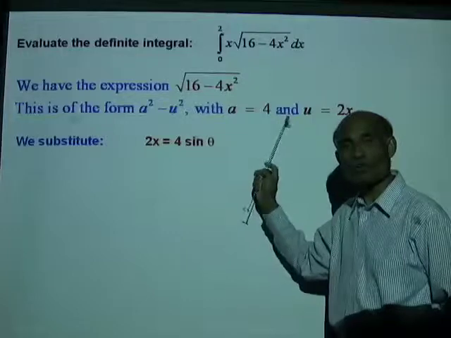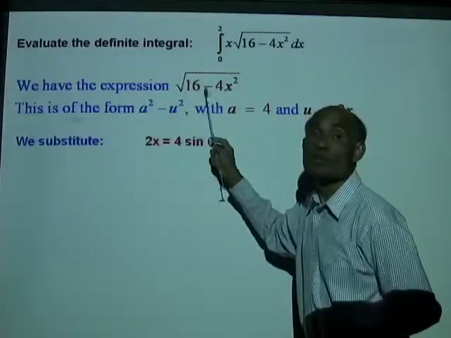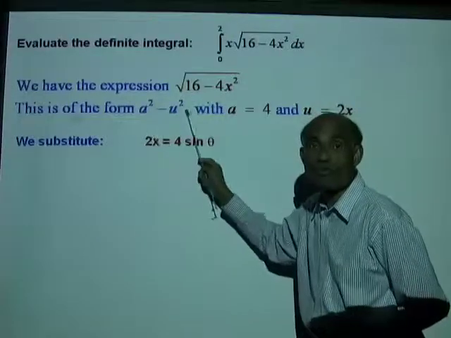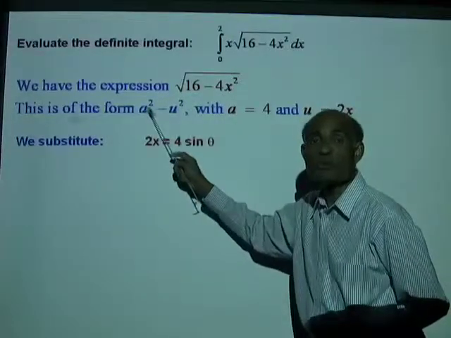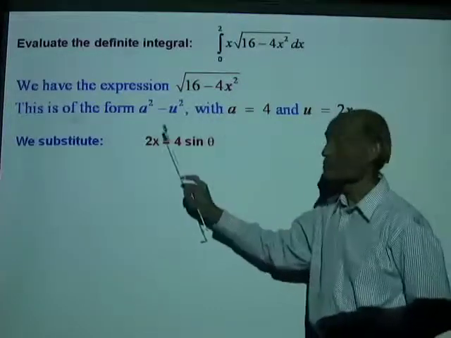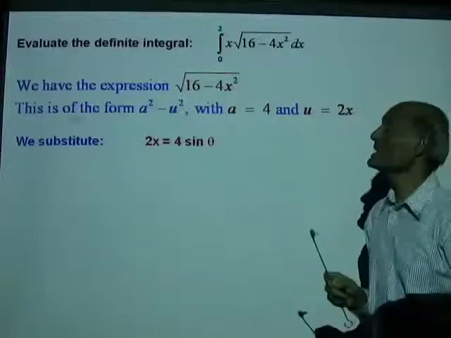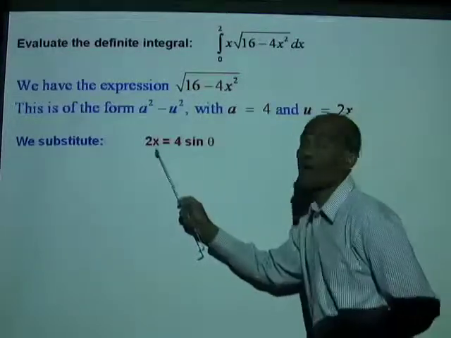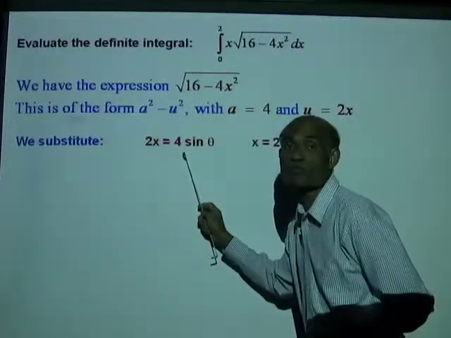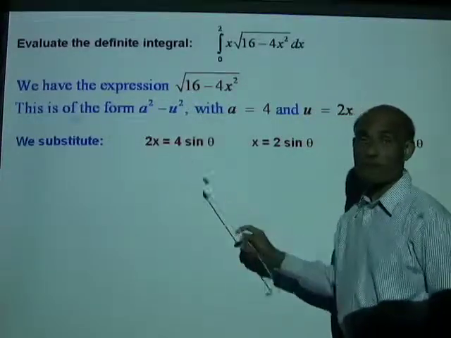A is 4. I want you to watch this carefully. The normal substitution for this form is u equal to a sine theta. Our u is 2x, so it becomes 2x equals 4 sine theta. Well, we find the differential of both sides. Alright?